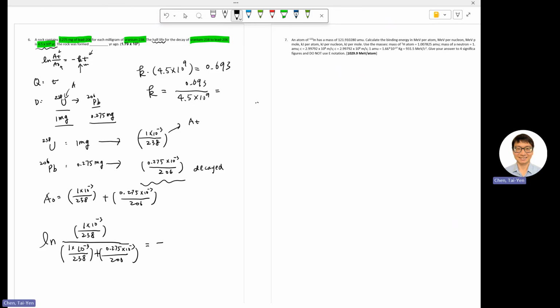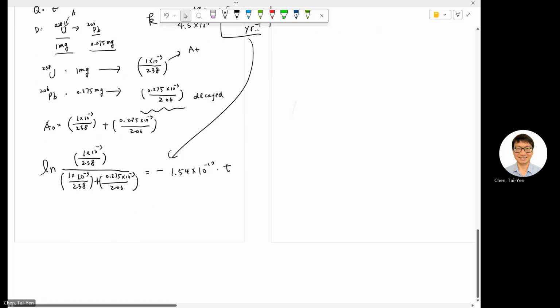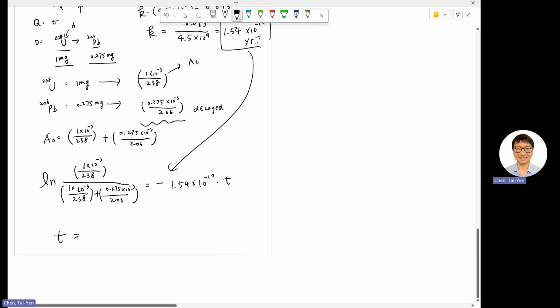That will give you a K of 1.54 times 10 to the negative 10 per year. So you have the K, plug in here. You have 1.54 times 10 to the negative 10 times your T. Then you can solve your T. You're going to get a number of 1.79 times 10 to the 9th power.